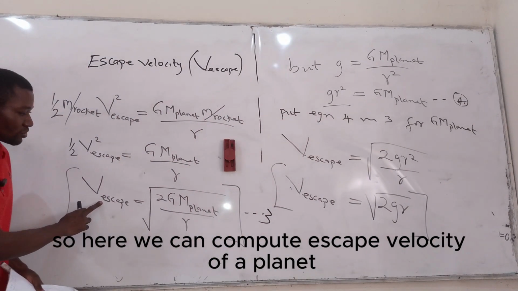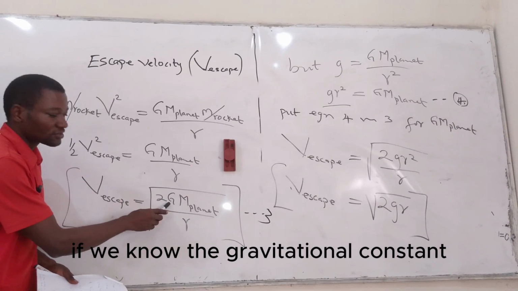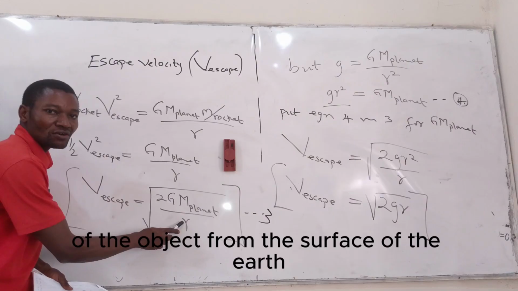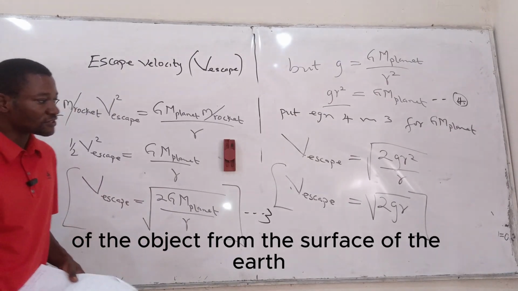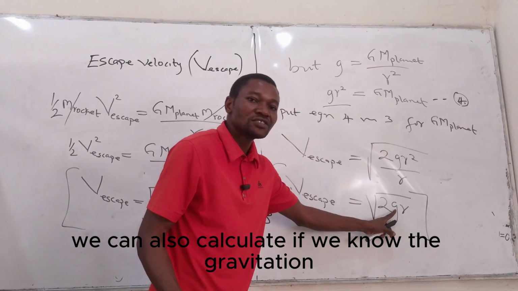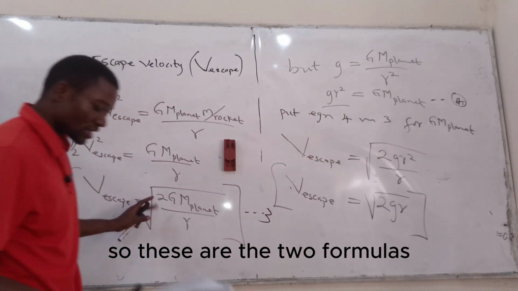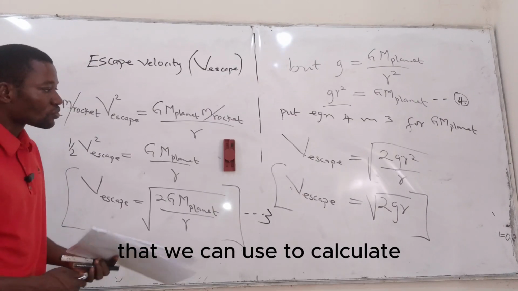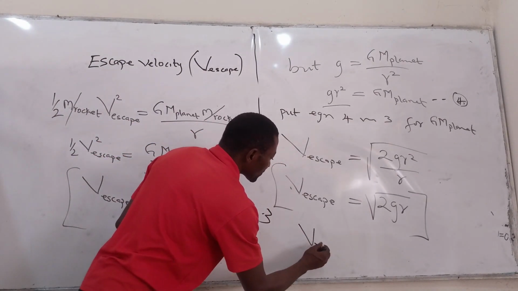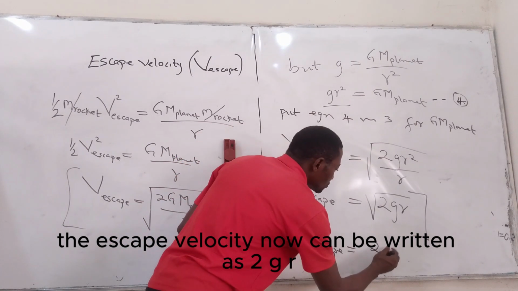So here, we can compute escape velocity of a planet if we know the gravitational constant, the mass of the planet, and also the distance of the object from the center of the planet. We can also calculate it if we know the acceleration due to gravity.